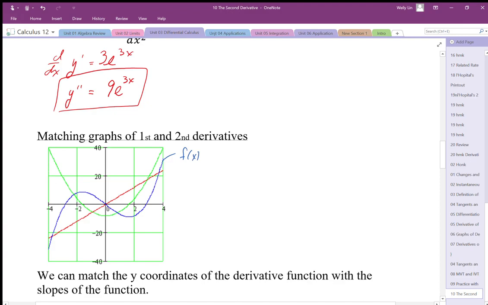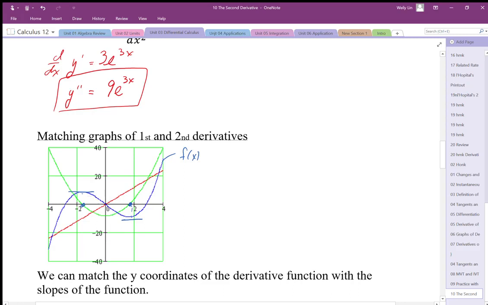And just to match these parts here, remember that the horizontal tangents here must match the zeros of the derivative function. And notice that the very bottom of this graph, where the slope is the most negative, is going to be through that point there.